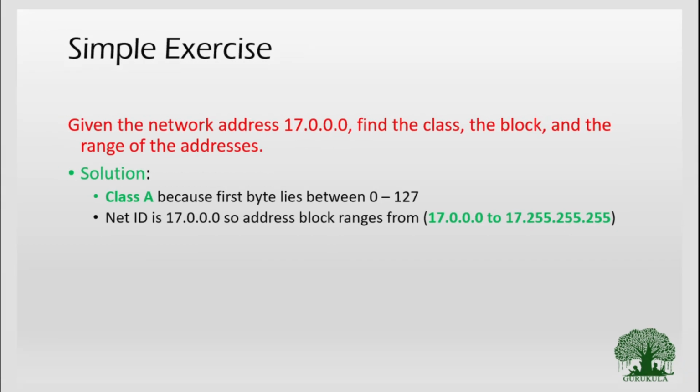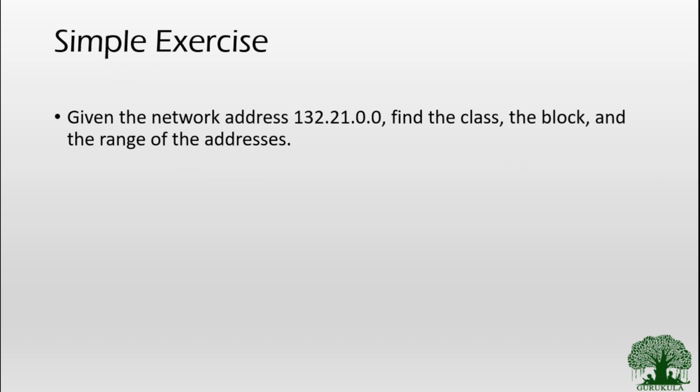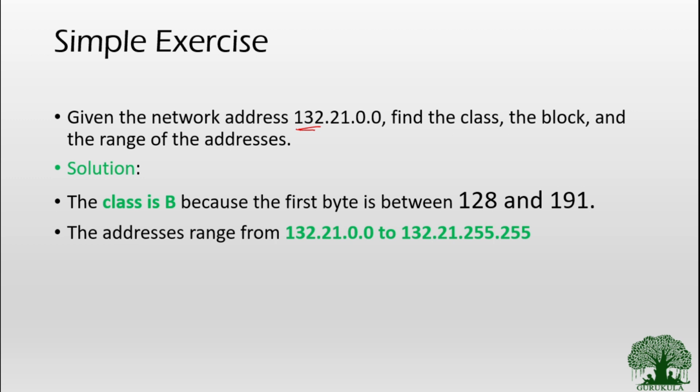Now let's take another example. You can pause the video here and try answering this particular question. Identify the class, block and then the range of the address. Now looking at the IP address, you can see the first byte starts from 132. So when I talk about 132, it belongs to class B address.